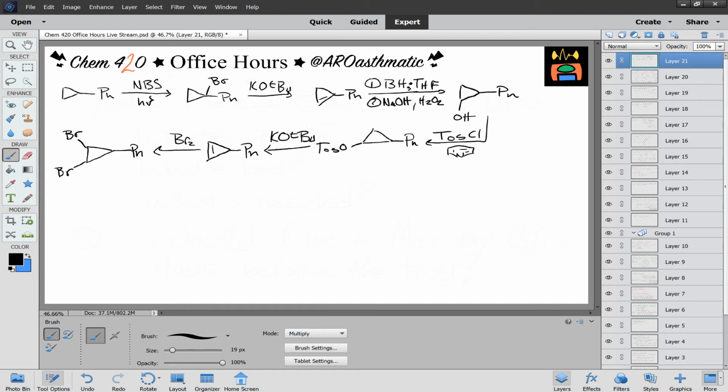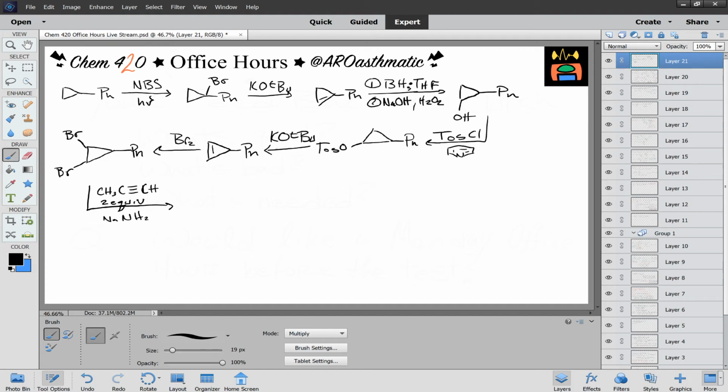And now, rather than doing this in 2 steps, we can actually use 2 equivalents of our 3-carbon alkyne, with our strong base, sodium amide.